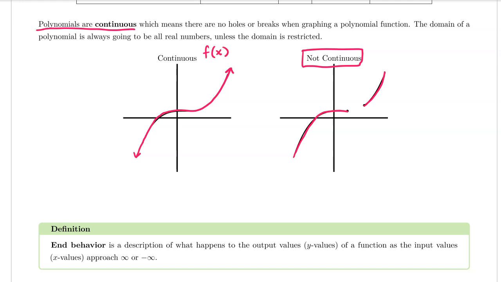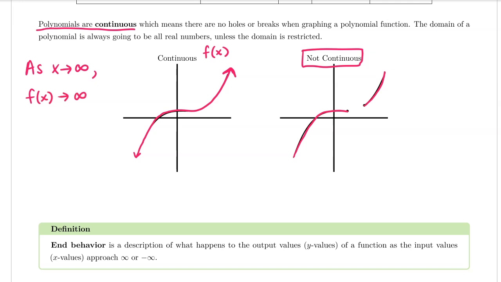If I wanted to describe the end behavior of this function, I would say as x approaches infinity, that means that the x values are getting larger, so we're going to the right. What's happening is the y values are going up towards infinity. So we have this arrowhead here, and we say as x goes to infinity, f of x goes to infinity.